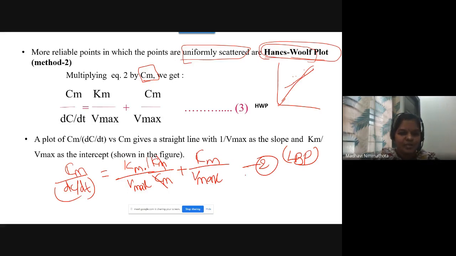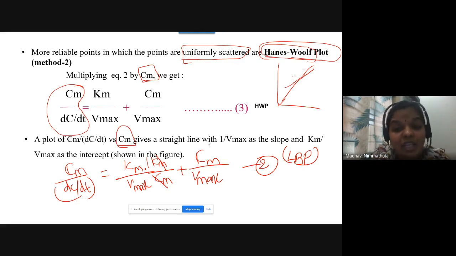Once you have written the second equation, that is the concept: we multiply the second equation with Cm and we get this equation. So which points do you have to take into consideration to plot a graph? See, Cm divided by dc by dt is one parameter, and the second parameter is the midpoint of concentration levels, Cm.